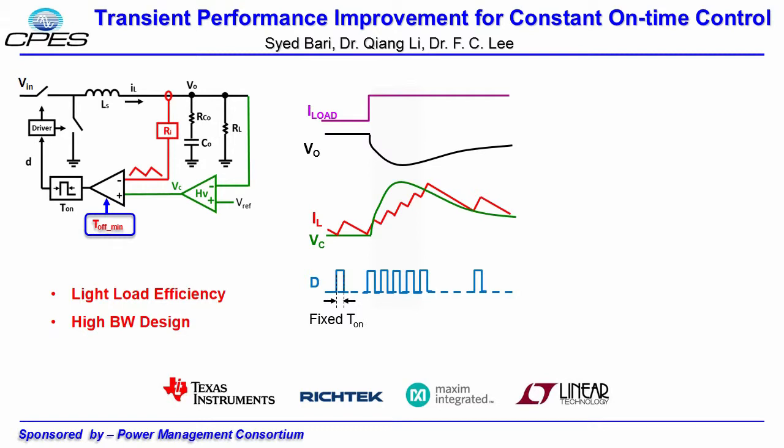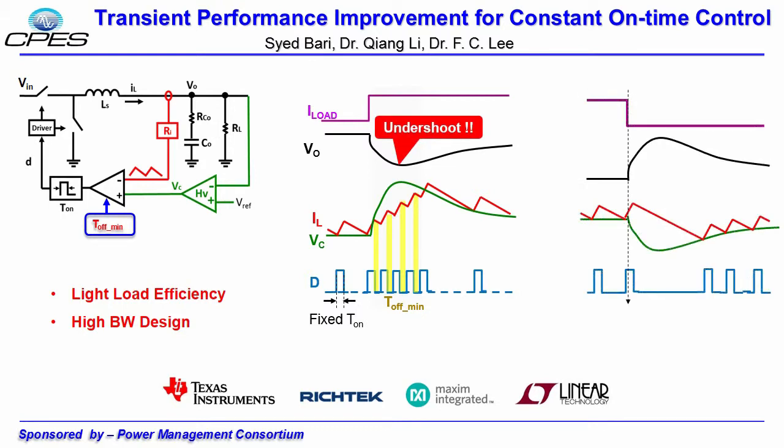At this point, a series of pulses comes in, but they must have a minimum off-time in between the on-time pulses. The presence of this minimum off-time will slow down the increment of inductor current, which might create a large undershoot at the output.